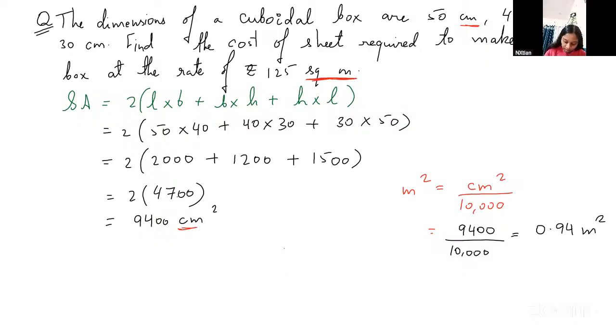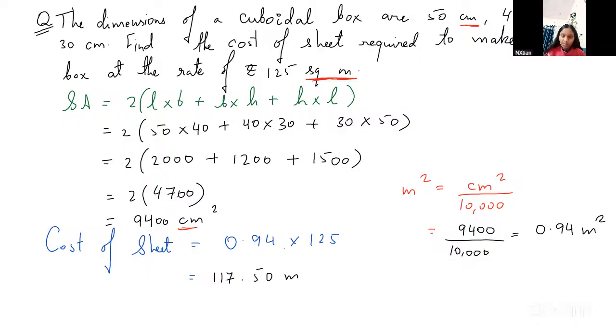Cost of sheet is equal to 0.94 into 125. How much will you get? 117.50 meter.